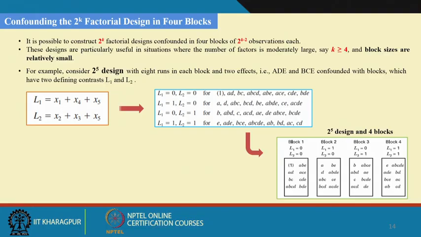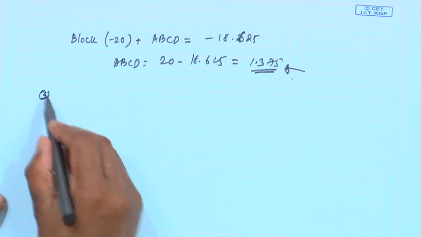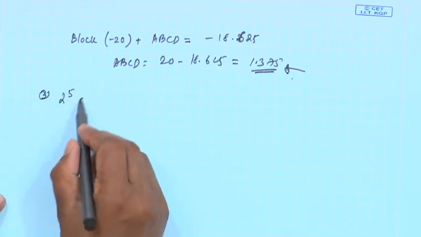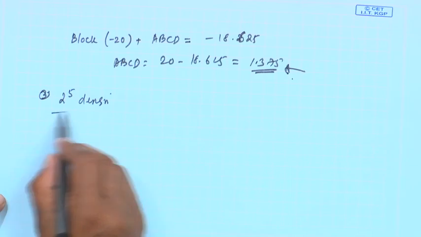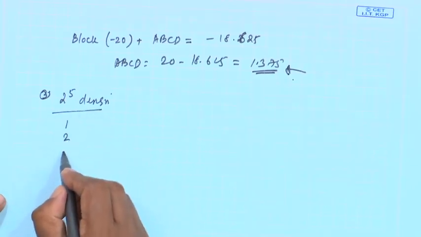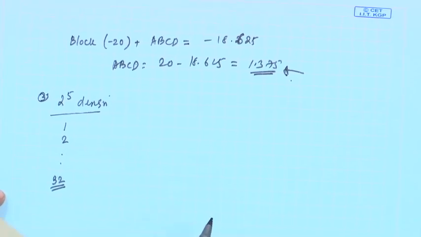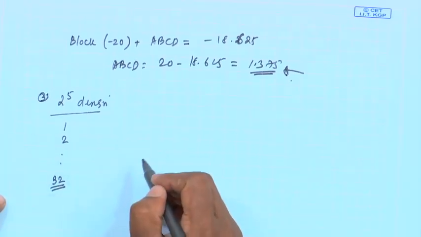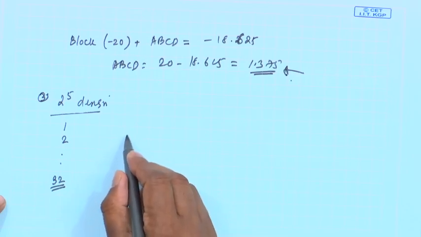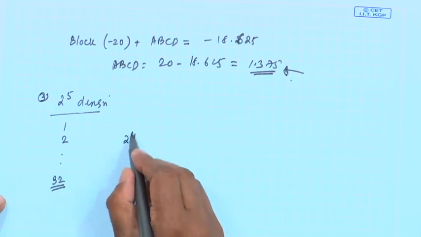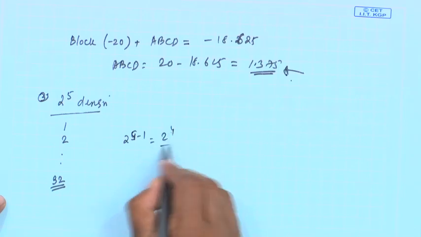So, now we want to see what happens if two blocks are not sufficient. Suppose you have a 2 to the power 5 design, so you require 32 experimental runs. If you use the two blocks case, then each block will contain 2 to the power 5 minus 1, that means 2 to the power 4 runs.